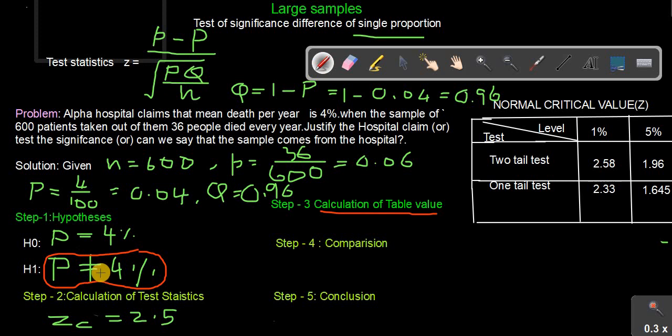Therefore we follow a two-tail test. I am taking a 5% level of significance. The tabular value for Z at the 5% level of significance, two-tail test, is 1.96.